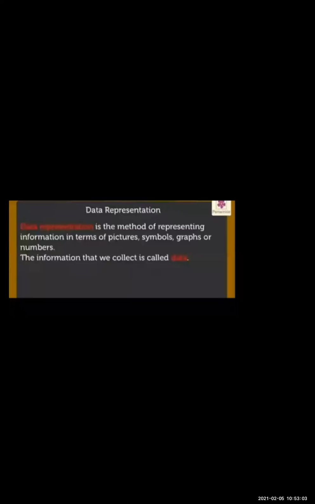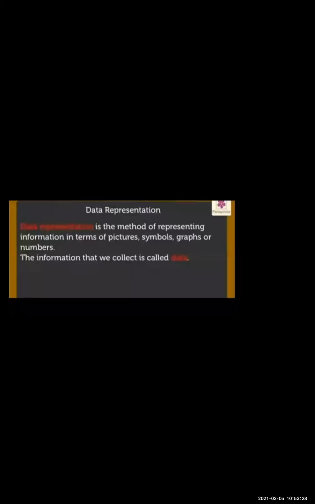Okay. So we are collecting the information, right? We are collecting the information and afterwards we are storing it in a proper file, or a proper document.